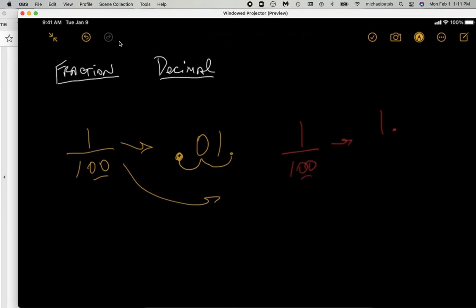I know I'm going to be moving things twice to the left because I want to make this smaller. When I'm moving into Never Never Land over here, where there's nothing to move to, I go ahead and I put zeros in first. I put my zeros here. Doesn't matter, I can put an extra couple. Now I'm going to move this over twice, and I know it goes right there to get 0.01.